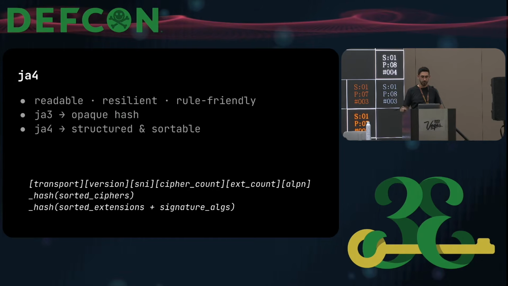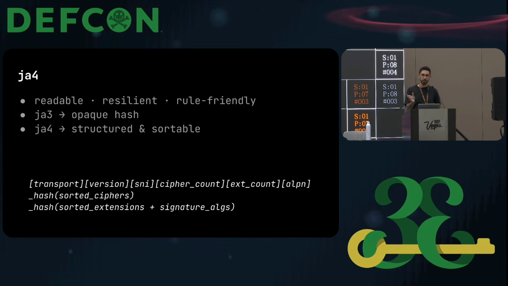So it's way more readable, and it's resilient to that Google Chrome randomization thing I mentioned, because it doesn't store the ciphers and algorithms in the order that they appear; it sorts them and then generates the hash. So it solves that problem.